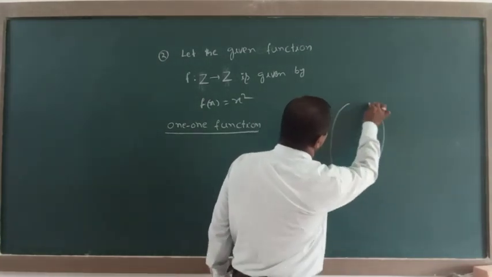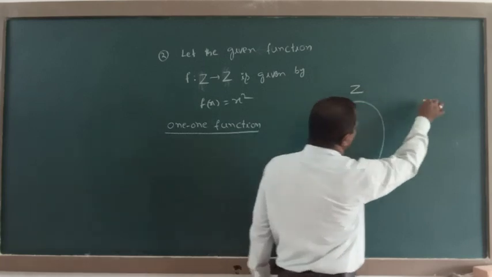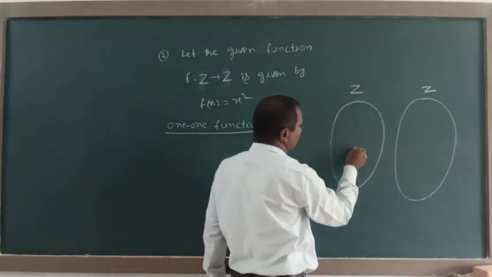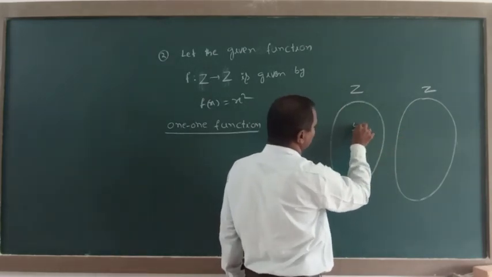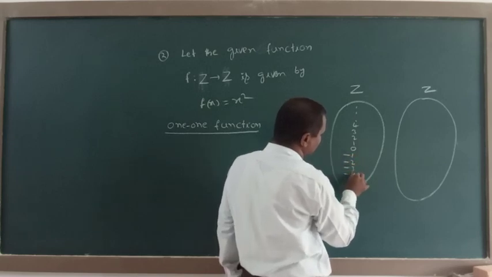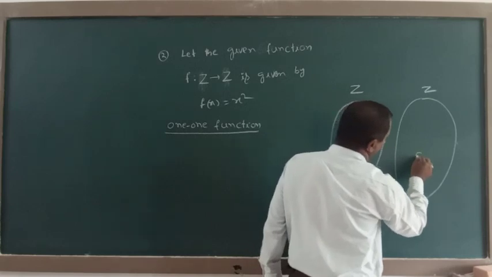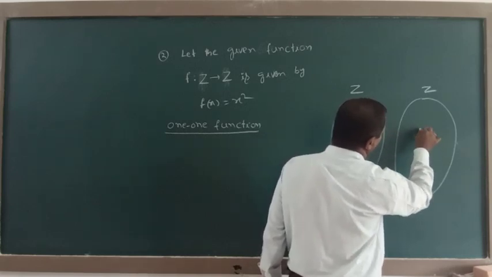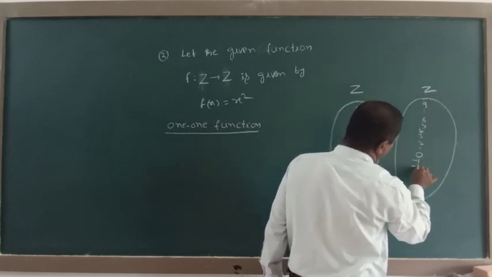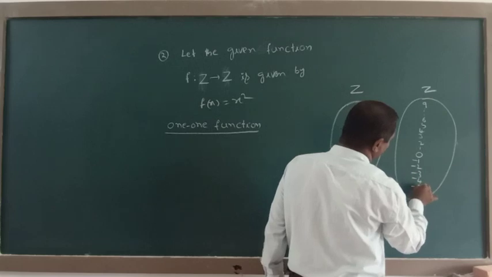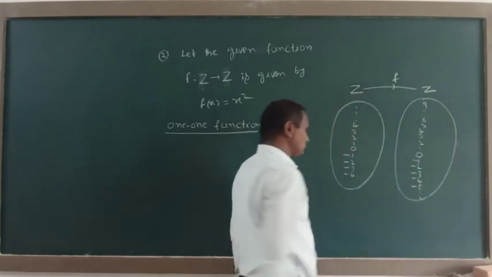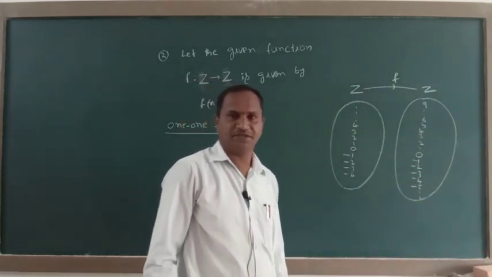One side is domain Z, another side is codomain Z. Here 0, 1, 2, 3, 4 you can take, and here also -1, -2, -3, -4. Here also take the set of all integers 1, 2, 3, 4, 5, 6, 9, and here also -1, -2, -3, -4, -5. Z to Z is the mapping here.